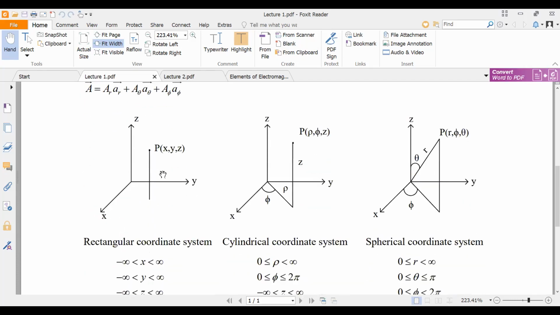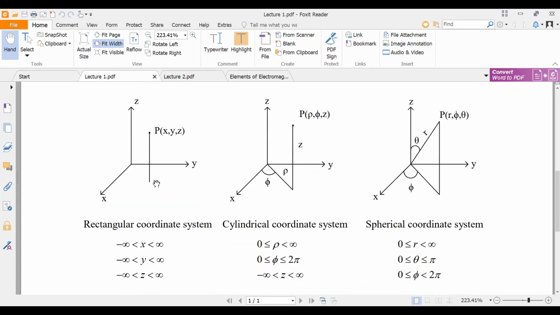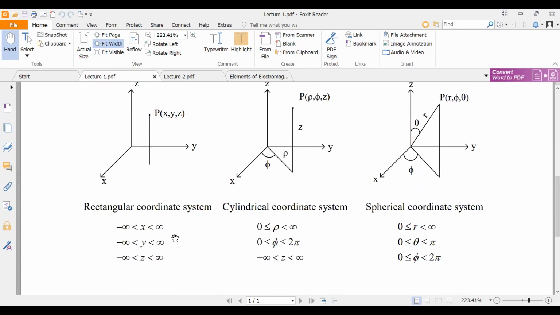Now, how are they represented? Any point is represented in this way. I will show you another PowerPoint to explain this further. As of now, I will just skip it and tell you these ones. In the rectangular coordinate system, X, Y, and Z can go from minus infinity to plus infinity.